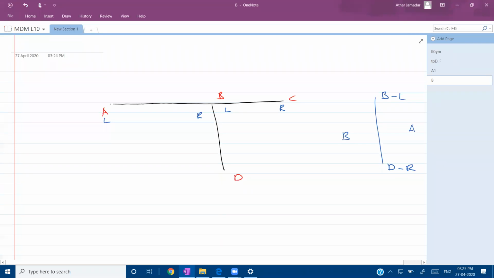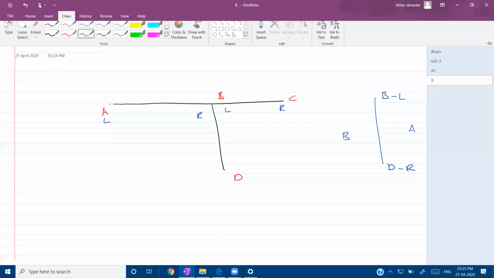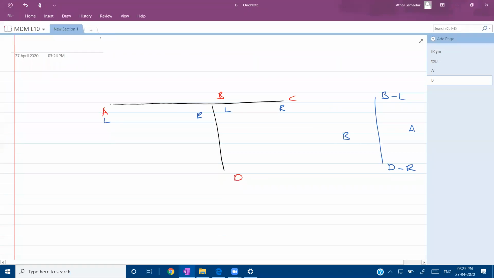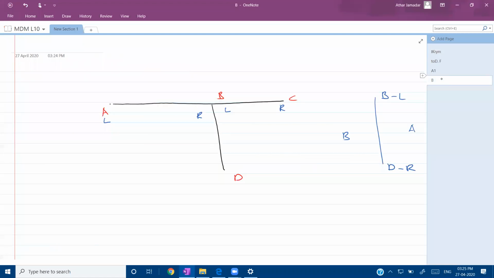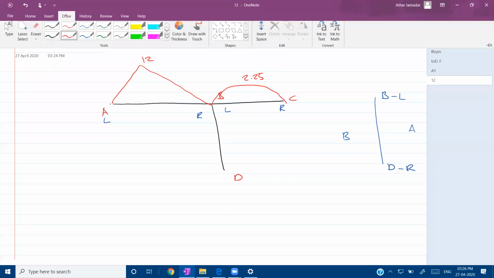Okay, now first of all we will plot the span moment diagram. So span moment for AB is 12, span moment for BC is 2.25. For BD there is no span moment acting, so don't need to bother about that.